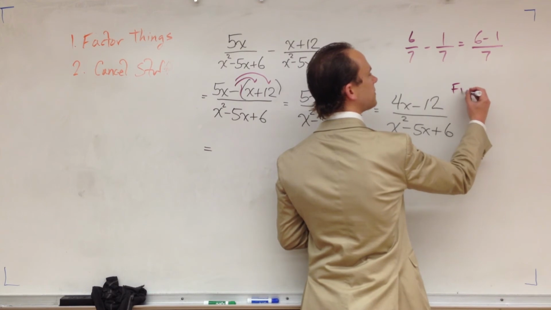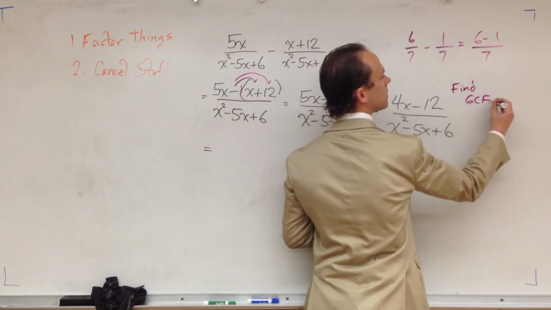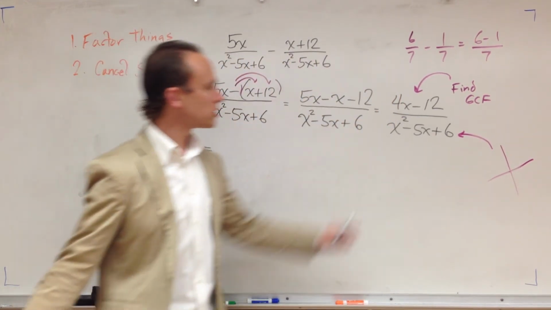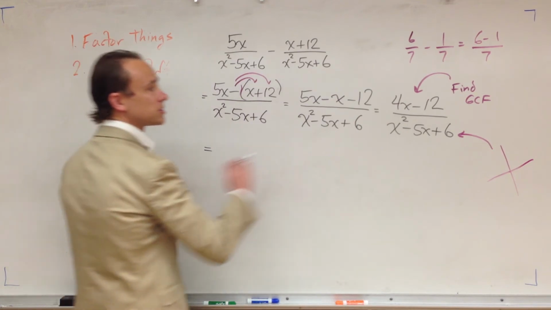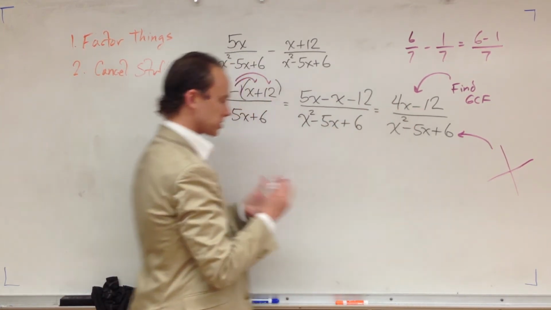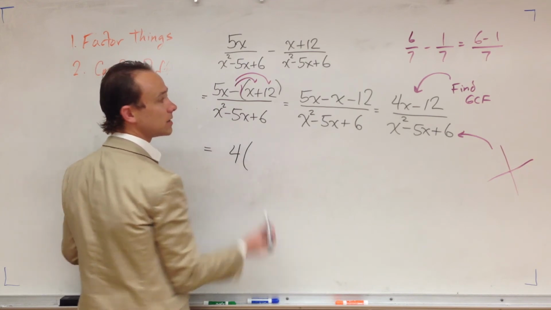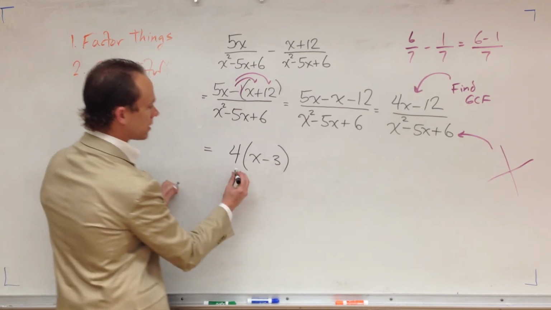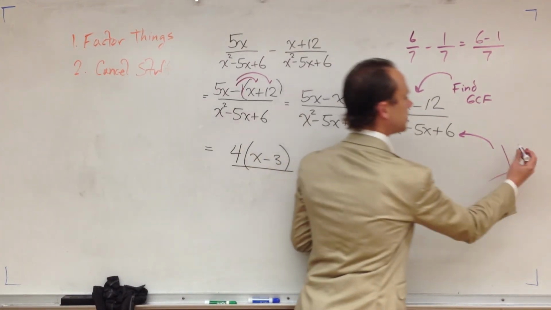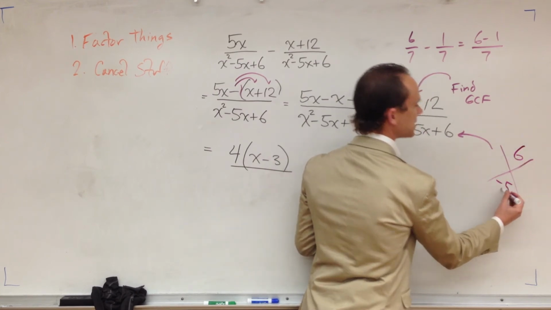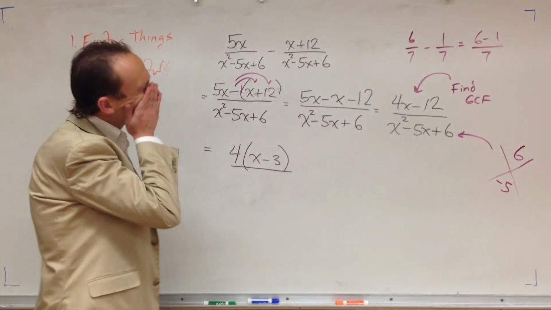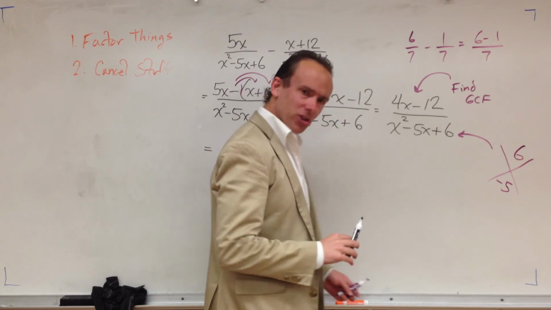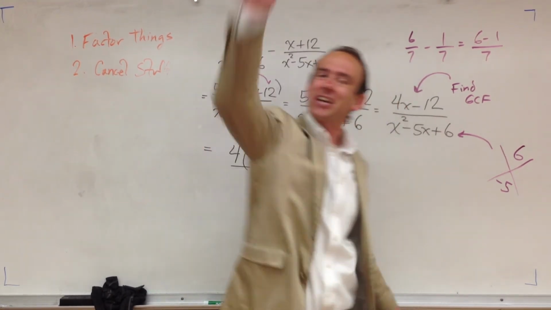Okay, we got to find the GCF on top. And on the bottom, we're going to do the X marks the spot again, because it's a trinomial: 1, 2, 3 terms. So, in here, the greatest common factor between 4 and 12 is 4. If you take out a 4, you still have the x minus 3. On the bottom, look, we need two numbers, one that multiplies to give me 6 and adds to give me negative 5. What is that? And maybe you can't figure that out, but that's all good. If you can't figure that out, here's what I need to see on your paper.